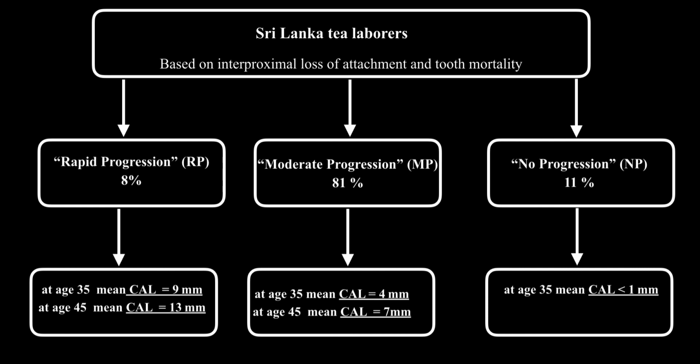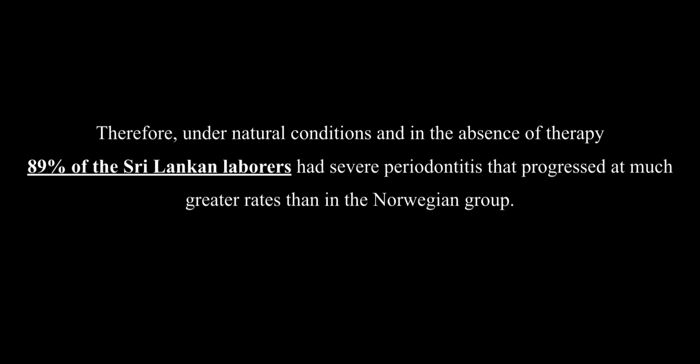The last group was the no progression group, around 11%, and the clinical attachment loss was less than 1 millimeter. Therefore, under natural conditions and in the absence of therapy, 89% of the Sri Lankan laborers had severe periodontitis that progressed at much greater rates than in the Norwegian group.